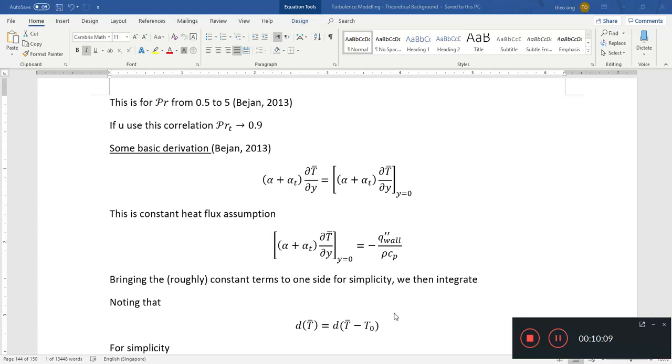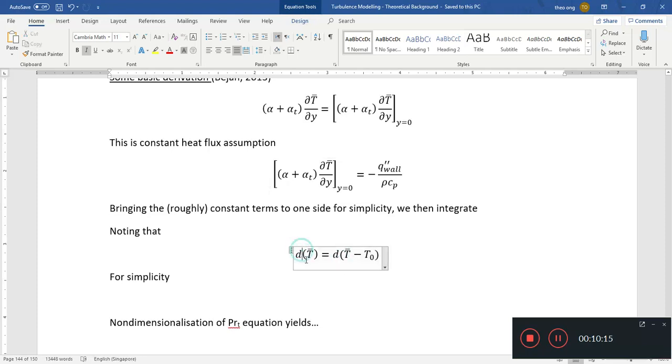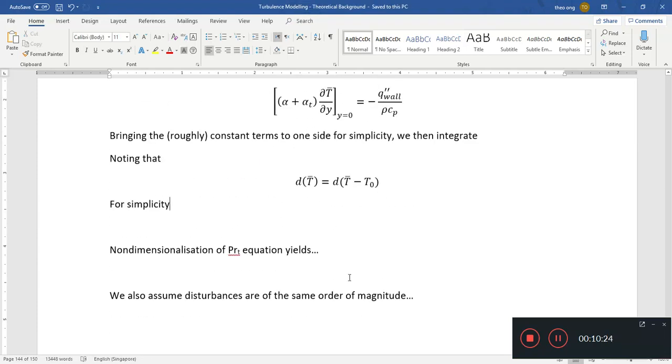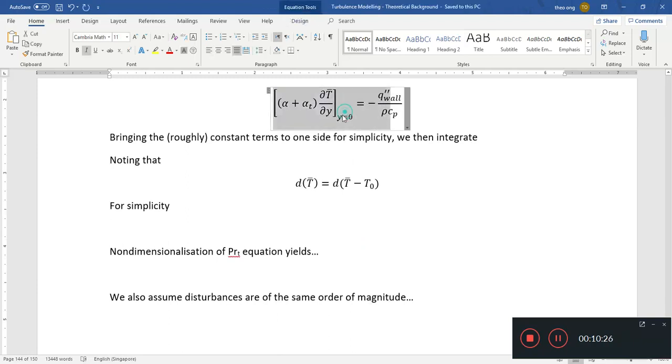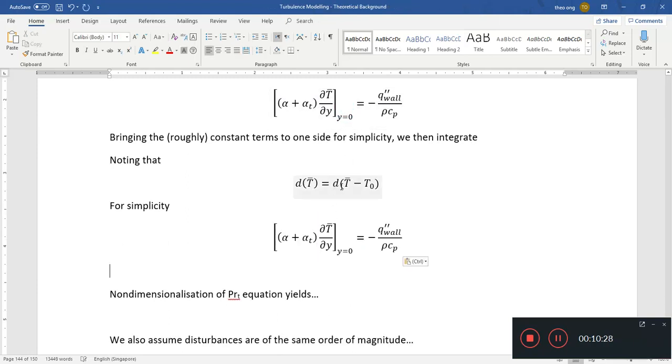So what we need to do is start integrating this equation. Again, we use the same trick to replace dT with dT minus dT naught. So let's just do that. Let's put this here. That's the exact same expression.